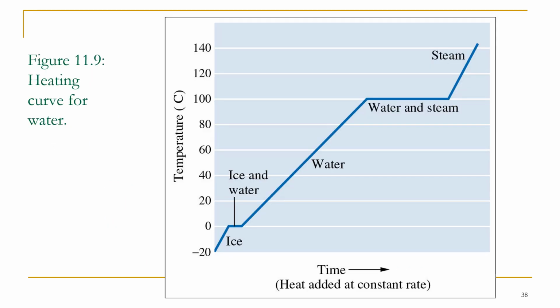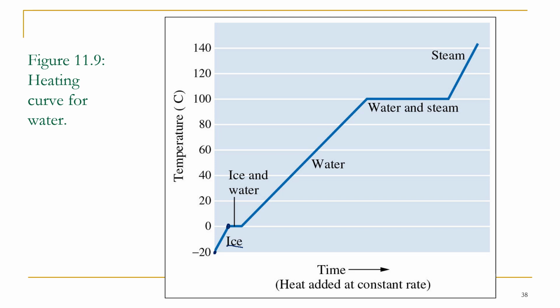If we plot it, we get this idea. So you can see here we start at -20 degrees ice, and we're adding heat at a constant rate. So this could be heat on the x-axis, or it could be time, because the heat's being added at the same amount per second. So at this point, from -20 up to 0 on this slope, all we have is ice present, so solid.